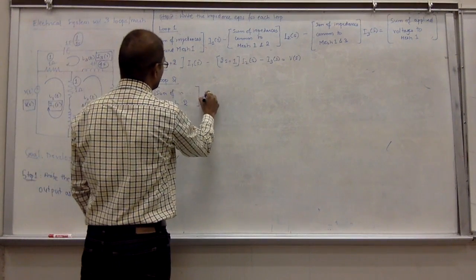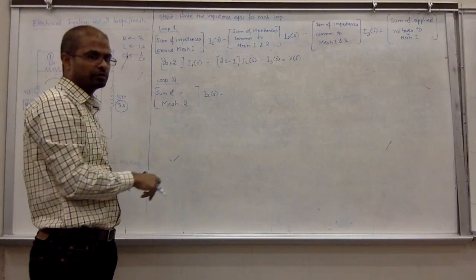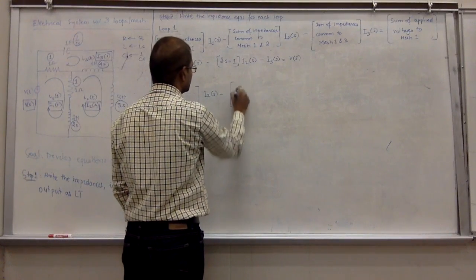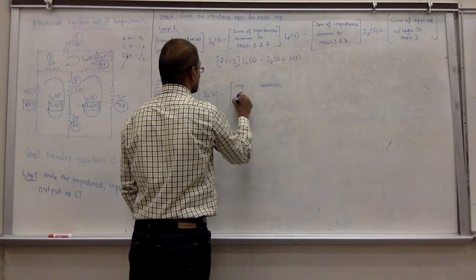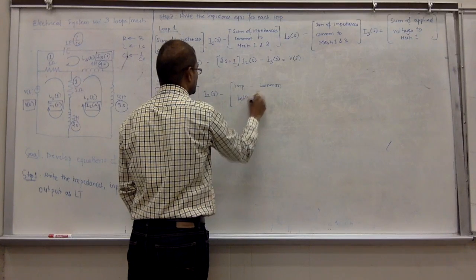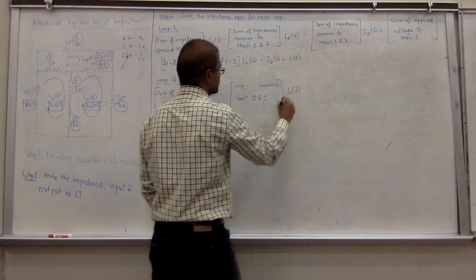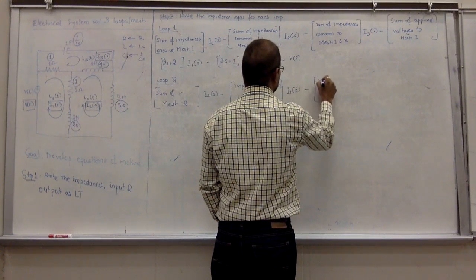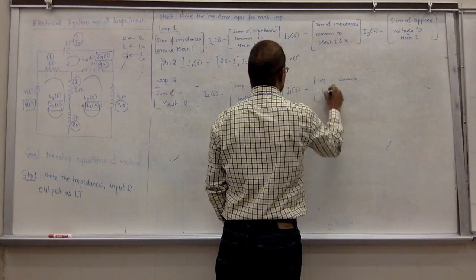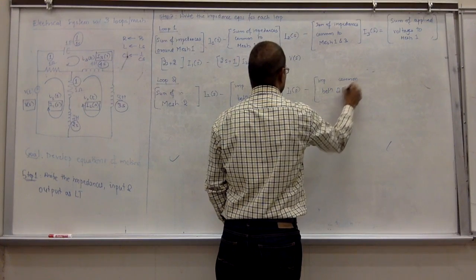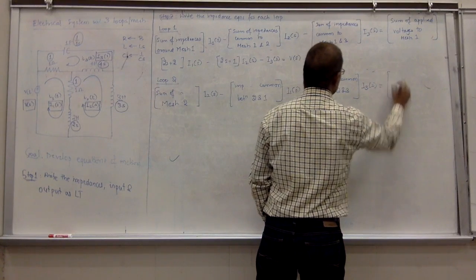And then, this is I2. Minus the impedance common between 2 and 1, times I1, minus the impedance common between 2 and 3, times I3 of s, equal to, again, the sum of applied voltages.